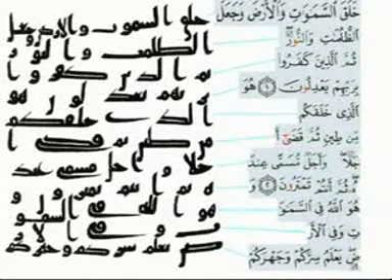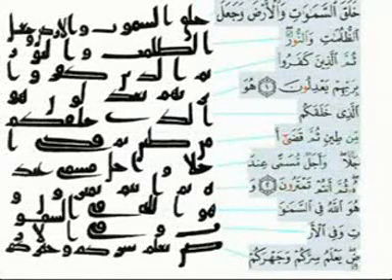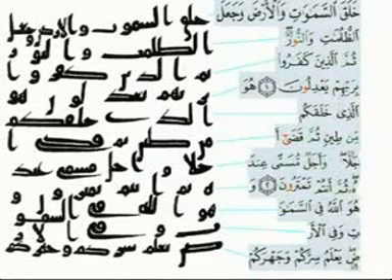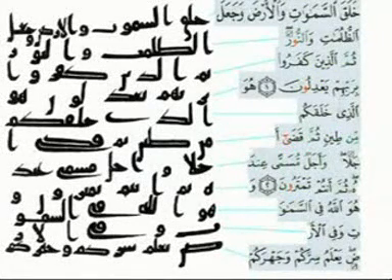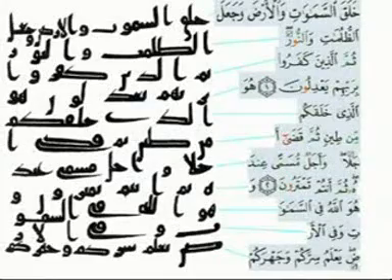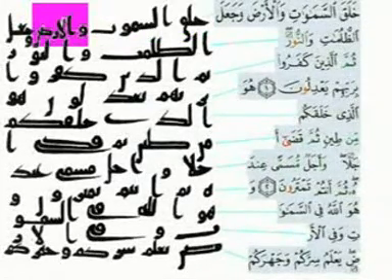Now this is the beginning of Surah Al-An'am. The first 2 words are not here, probably in the previous page. Alhamdulillahi alladhi khalaqa as-samawati. No dots here. Wal arda.